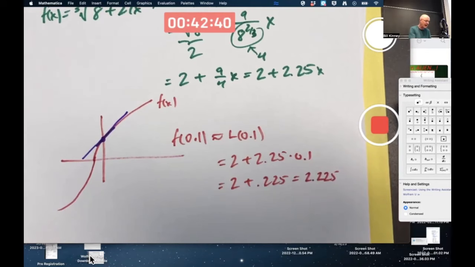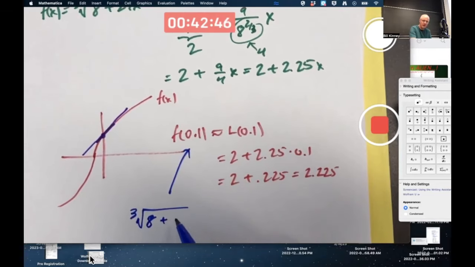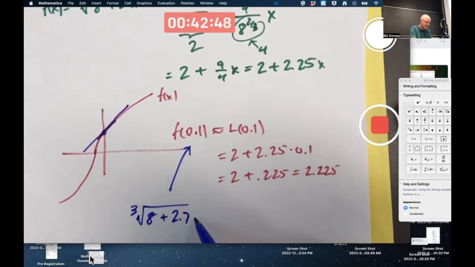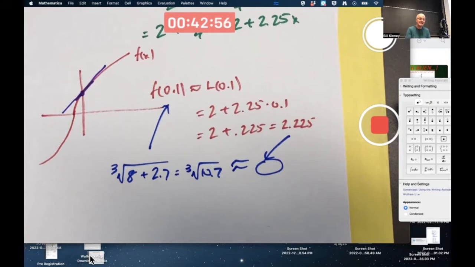F of 0.1 in reality is the cube root of 8 plus 27 times 0.1, so the cube root of 10.7 should be approximately 2.225. Let's try it and see.